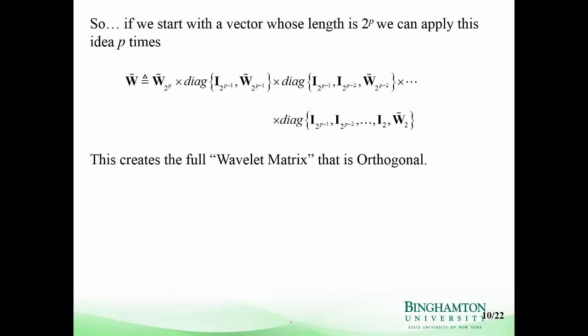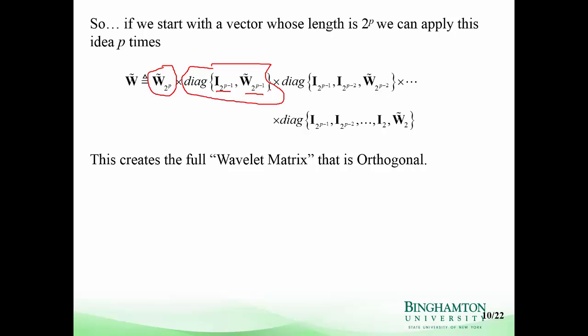So if we start with a vector whose length is 2^p, we can apply this idea p times. We start with the first matrix that we had, W tilde 2^p. Then we talked about the next matrix, which was an identity matrix on the top, and a W tilde 2^(p-1) on the bottom.